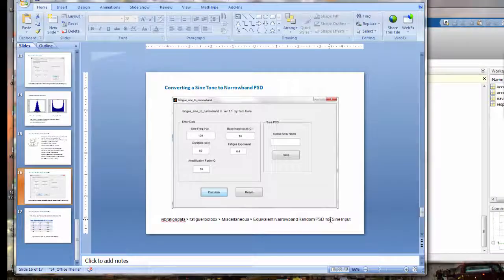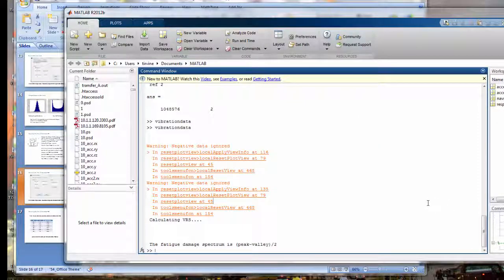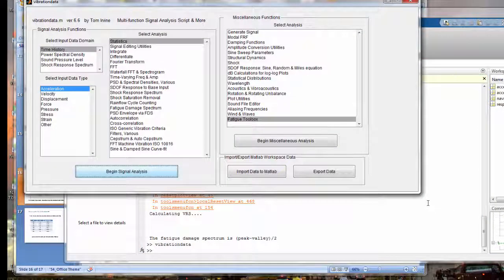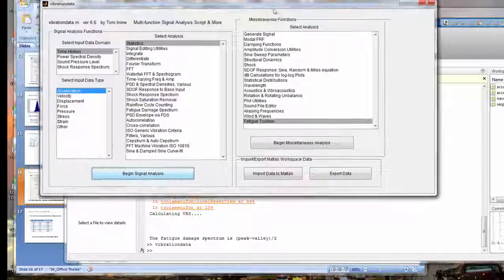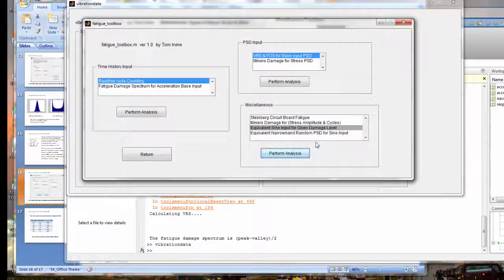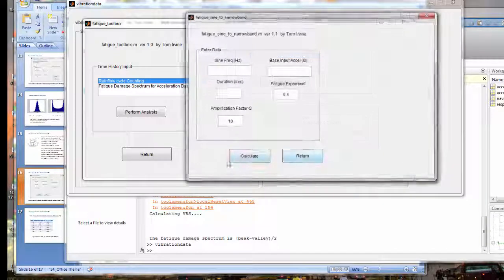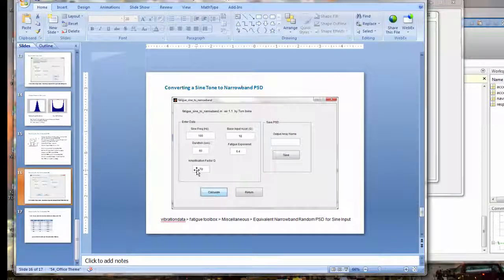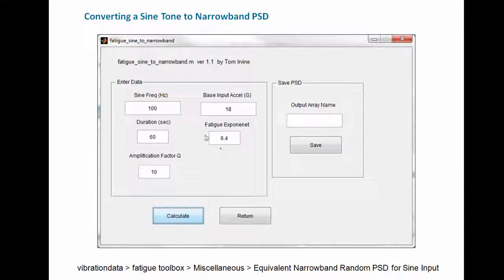And we have, as you might imagine, a MATLAB script for doing that. So let's go to vibration data, and let's go to our fatigue toolbox. And down in the bottom right-hand corner, we have equivalent narrowband random PSD for sinusoidal input. Okay, now we've got some parameters, and let me just show you what they are.